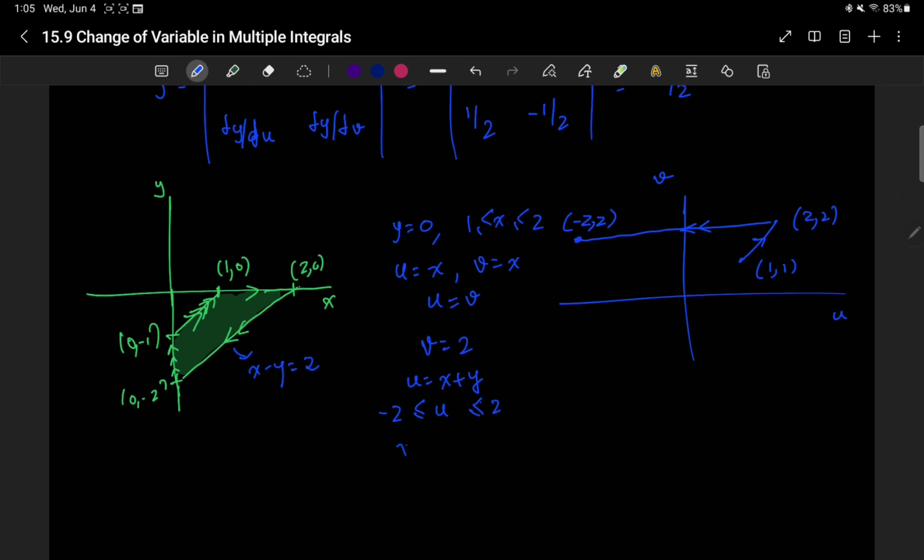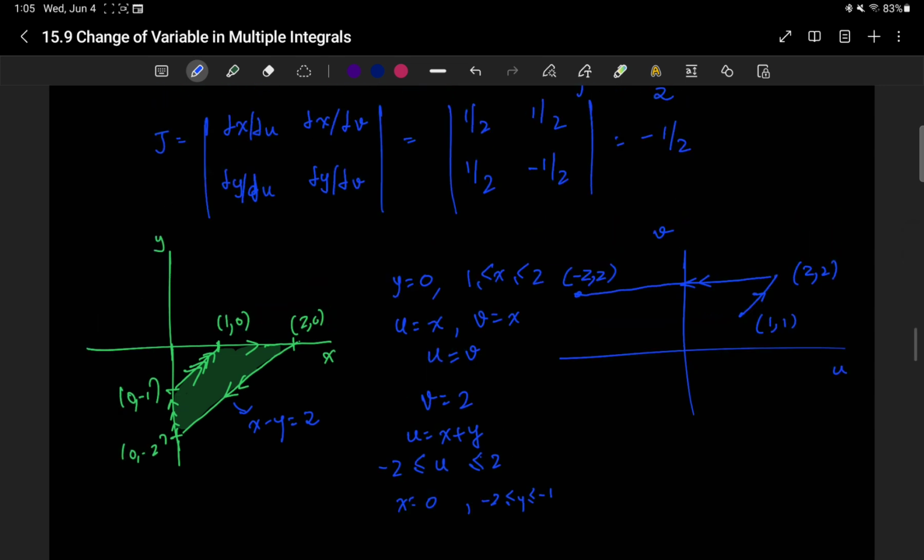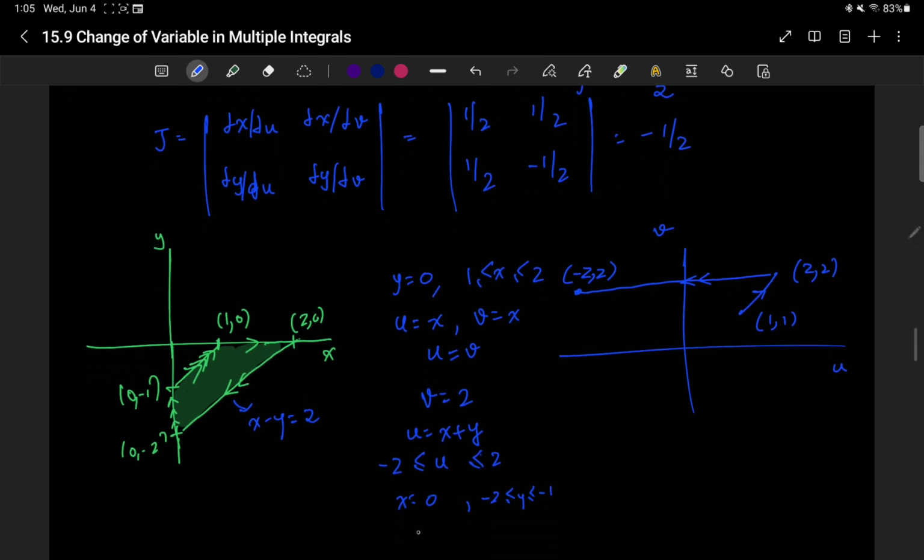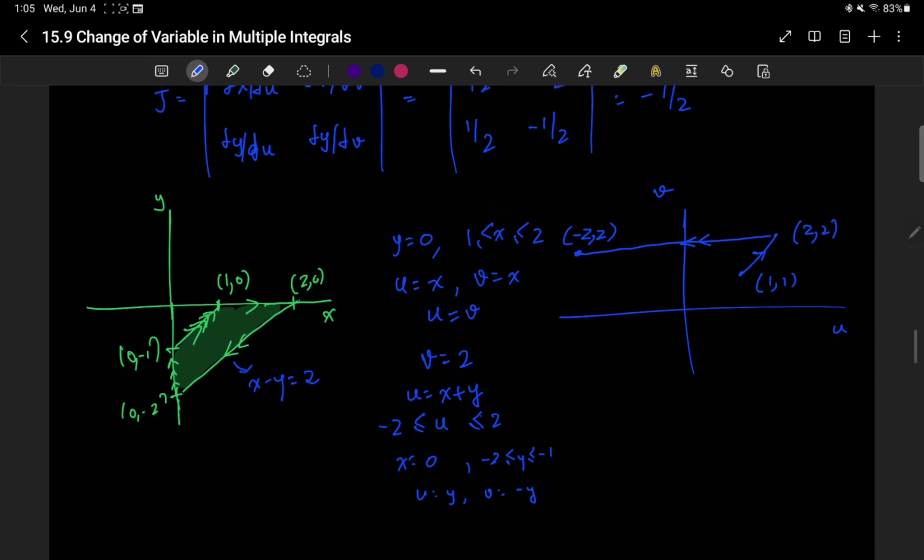Next we have x equals 0 and y is between -1 and -2. So if x is 0, then we get u is y and v is -y, or u equals -v.